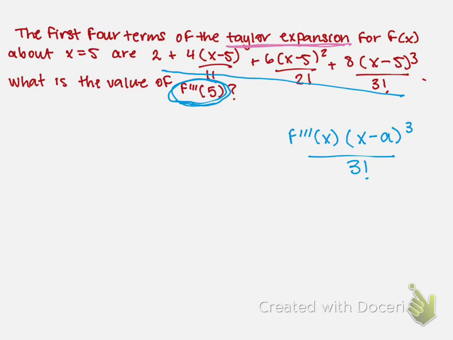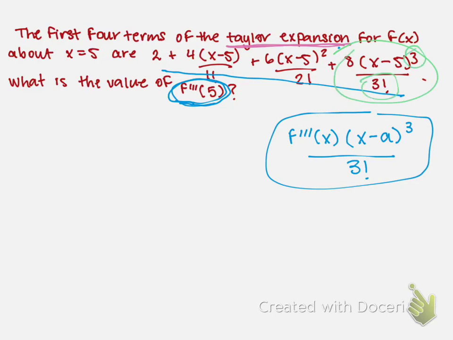We're going to be comparing the Taylor expansion to this. So which one would be the most similar? Of course, that would be this right here, because of the cubed and the 3 factorial, which share similarities to the triple prime of f of x.